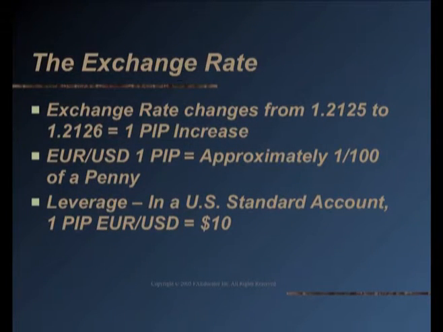But because of the tremendous leverage that we spoke about earlier, we magnify that 1/100th of a penny, and now, in a U.S. standard account, 1 pip of the euro-US dollar currency pair is worth 10 US dollars. A big difference, because you're saying right now, Ed, you're crazy. Why would I trade 1/100th of a penny? What's the point?